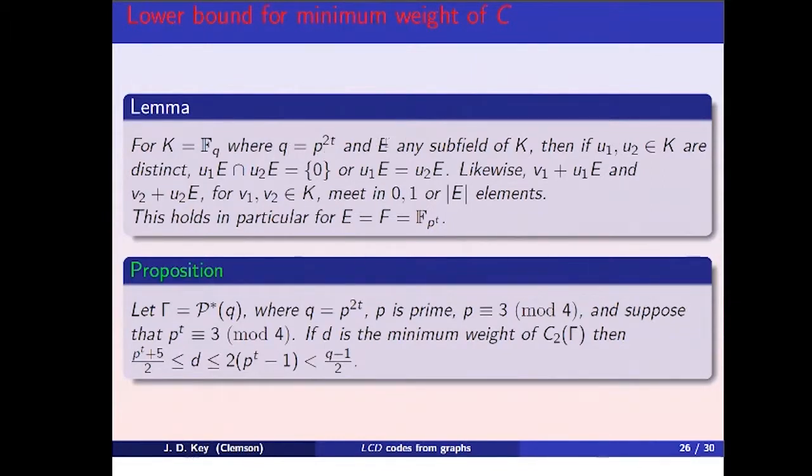Yes, F p to the t. So Q being a quadratic extension in that case. Then these guys don't intersect, or they're equal. And similarly for the cosets like that, they intersect or they're equal. In particular for F is F p to the t.